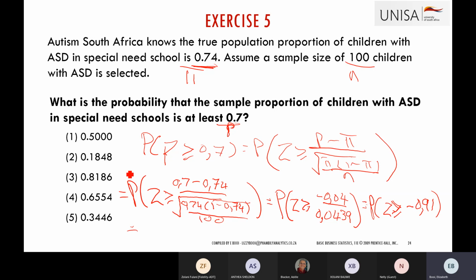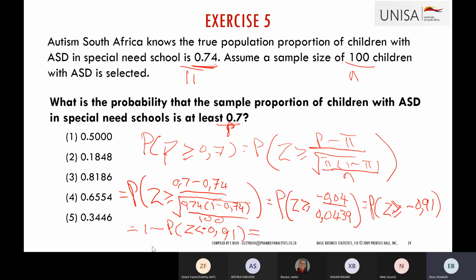Since we're using greater than, we're going to say 1 minus the value we find on the table, which is Z less than minus 0.91.